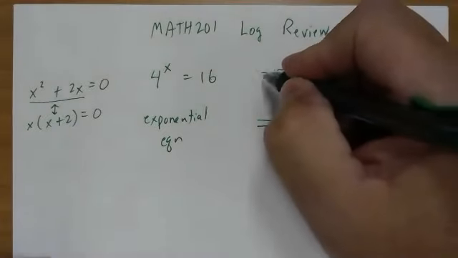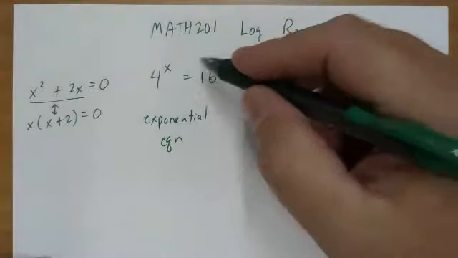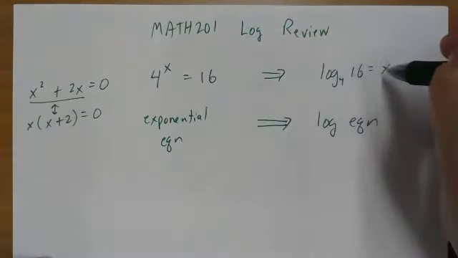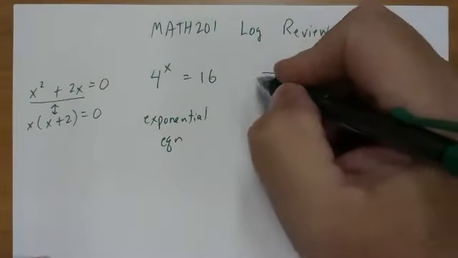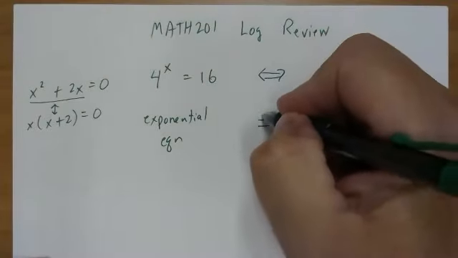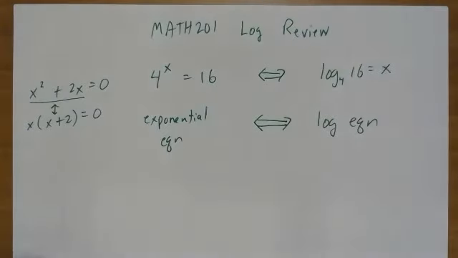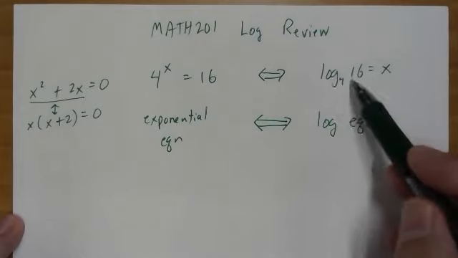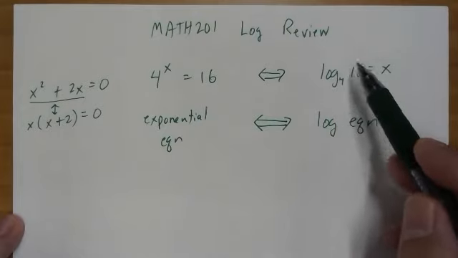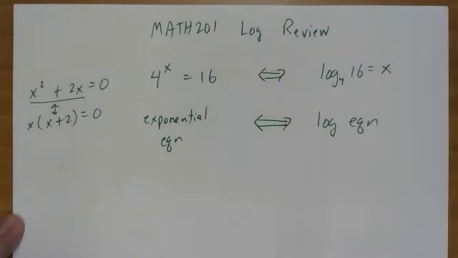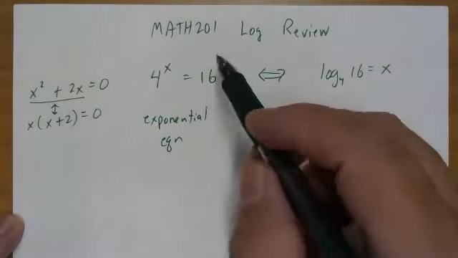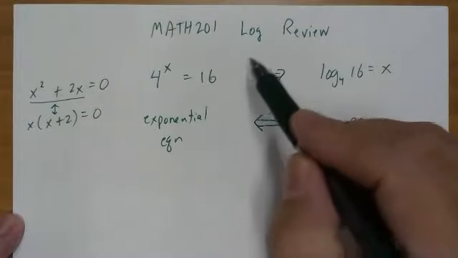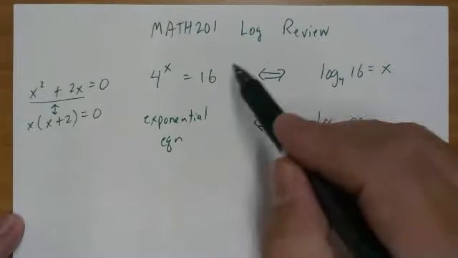Now, what we're going to do in a little bit in this example, we started with an exponential equation and I wrote a log equation, but actually it works both ways. There are going to be times in math where we have a log equation and we're going to rewrite it as an exponential equation. And the reason we go back and forth is because oftentimes we're given a problem.